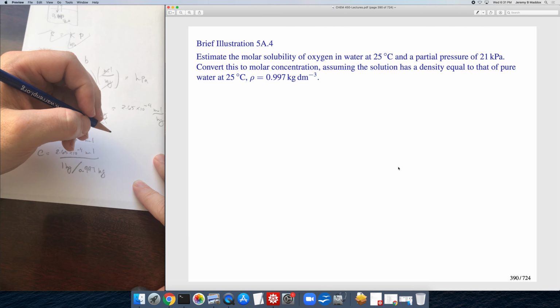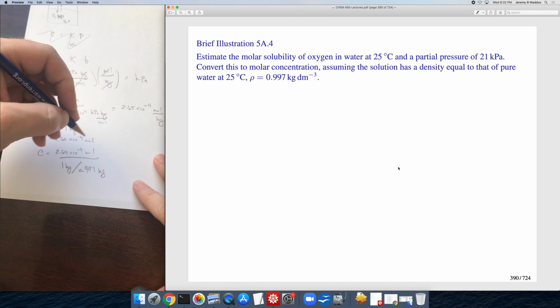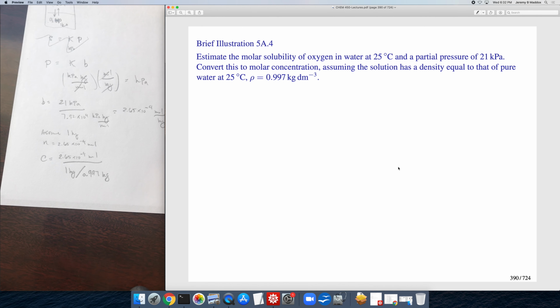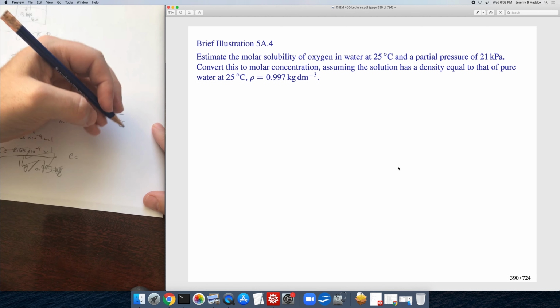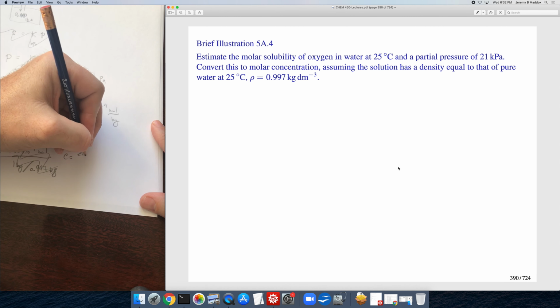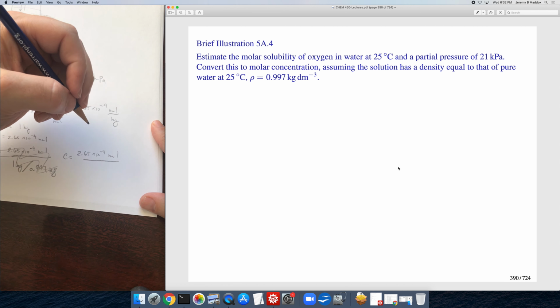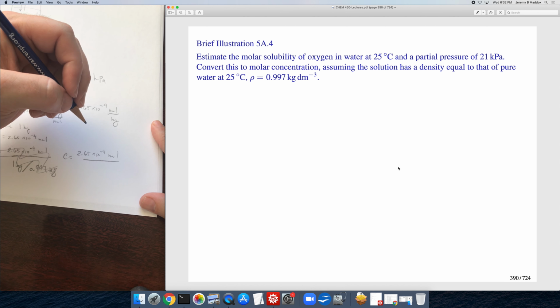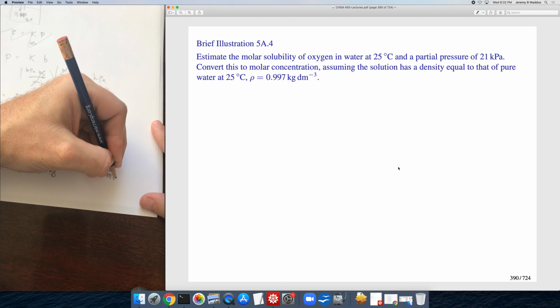kilograms per decimeter cubed. Let's see, am I doing that right? No, I don't think so. I think I got it all mixed around. The molarity will be the number of moles, in decimeters cubed, over 0.997 kilograms times 1 kilogram. I guess I did have it right.